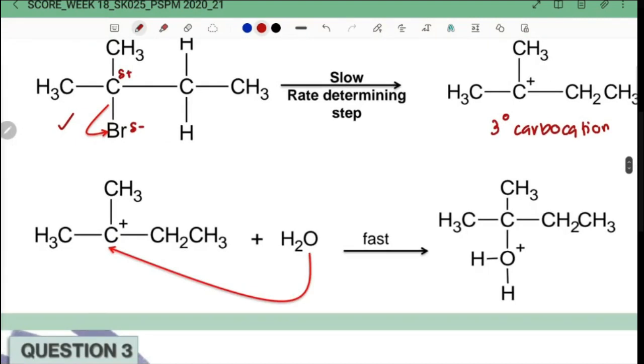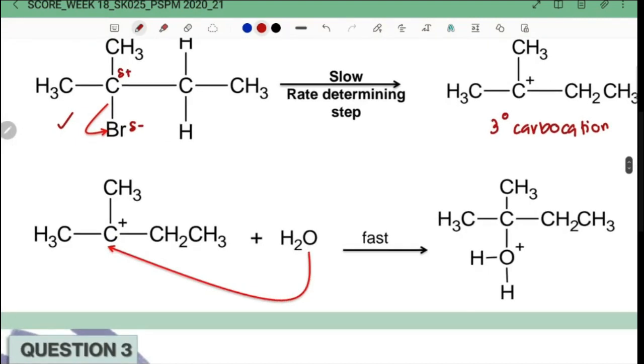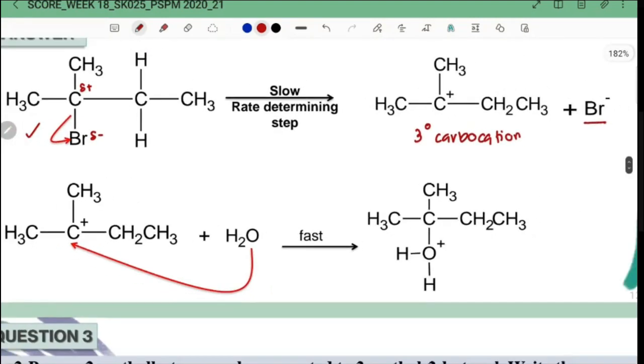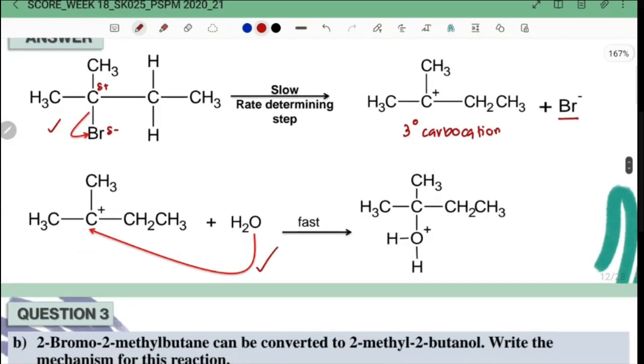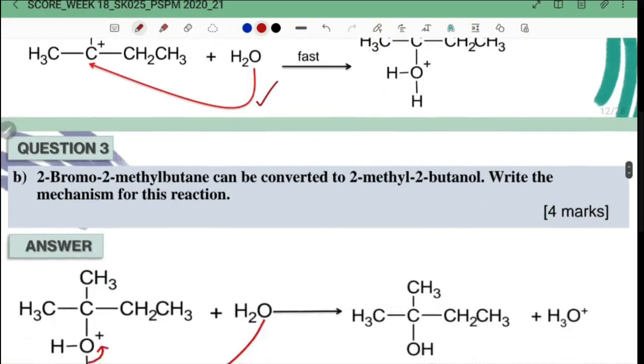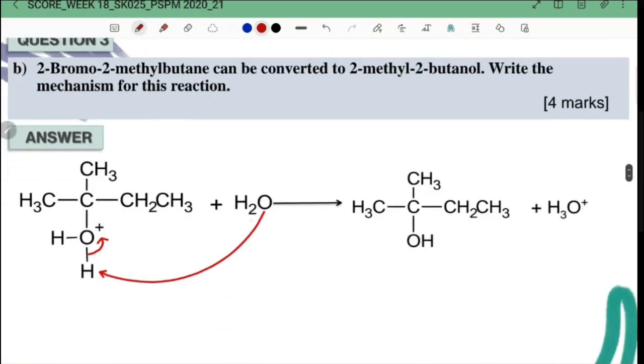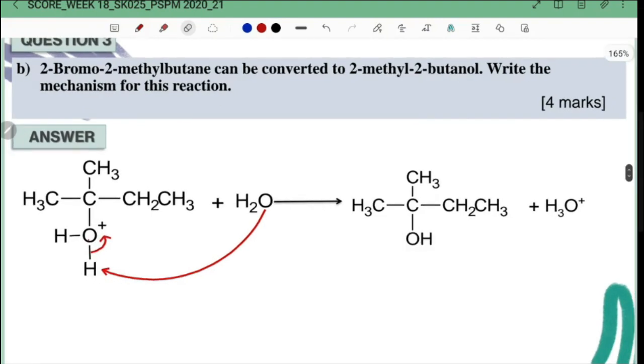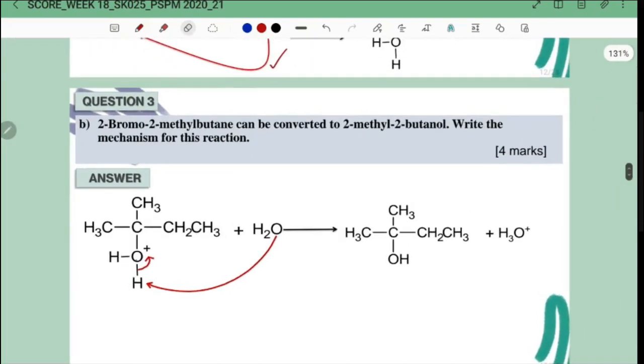After the carbocation, the lone pair from the water will attack the carbocation and become a protonated alcohol. Okay, this protonated alcohol will react again with water. The lone pair of oxygen will attack the H, and the sharing electrons between O and H both go to oxygen, which will form the alcohol. And then the H3O+ is released.